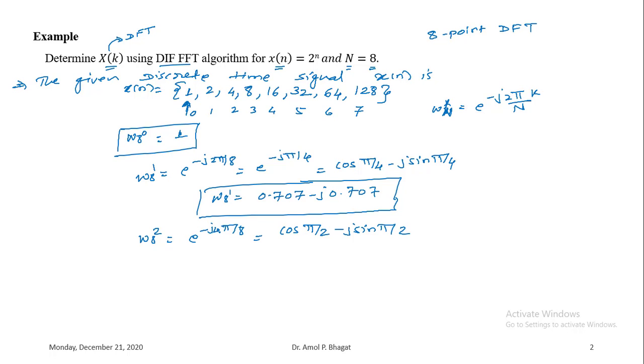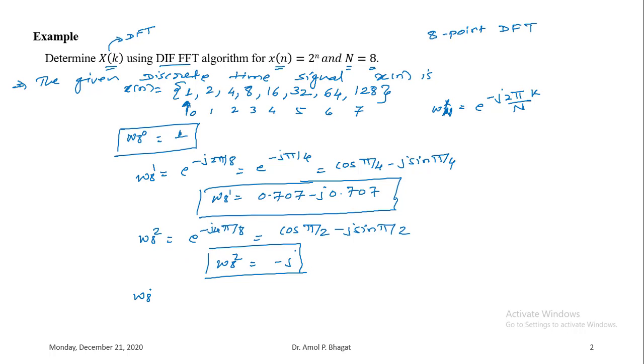Here 4 divided by 8 will be 1 by 2, so it will be simply minus j pi by 2, correct? So if you put these values, cos pi by 2 is 0, minus j sin pi by 2, sin pi by 2 is 1, so it will be simply minus j. So that will be the value of W8 2.